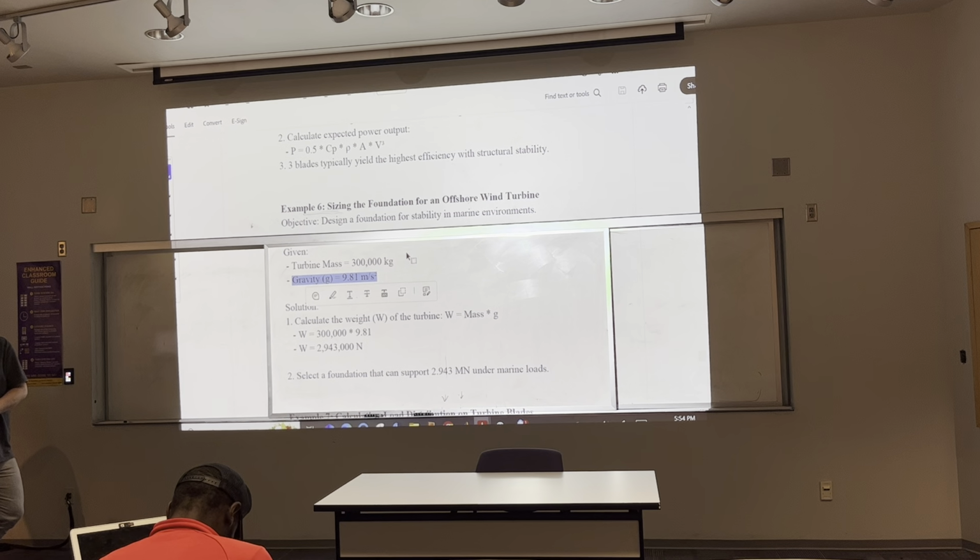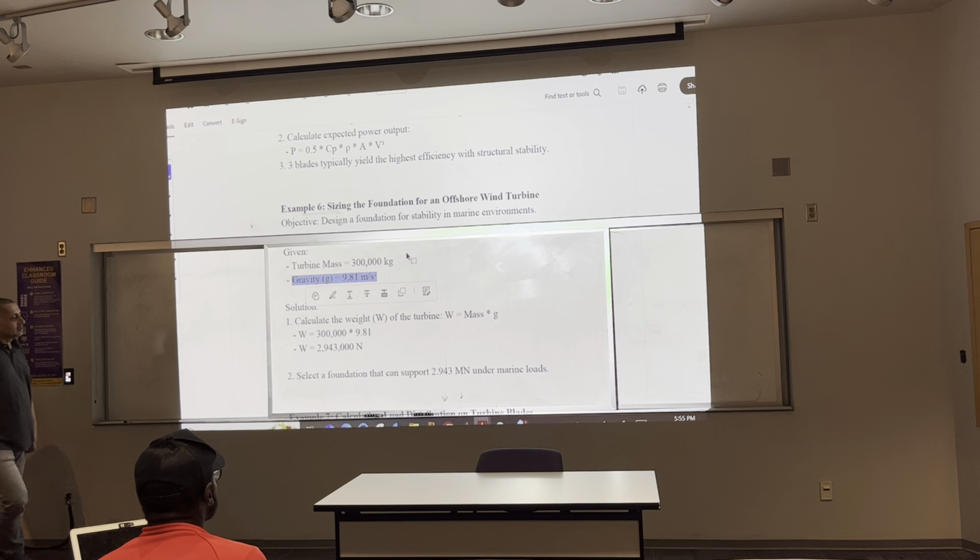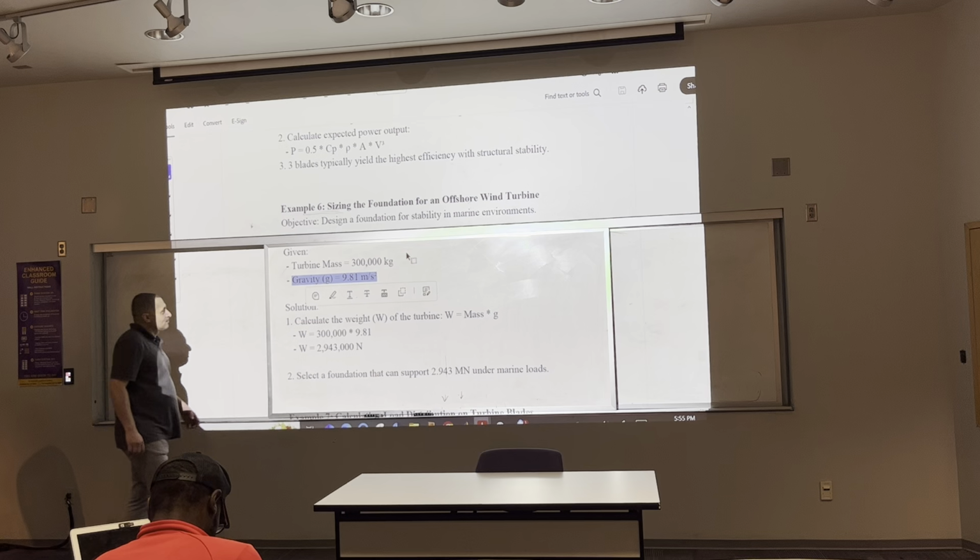Now calculate the weight of the turbine. Weight equals mass times g.